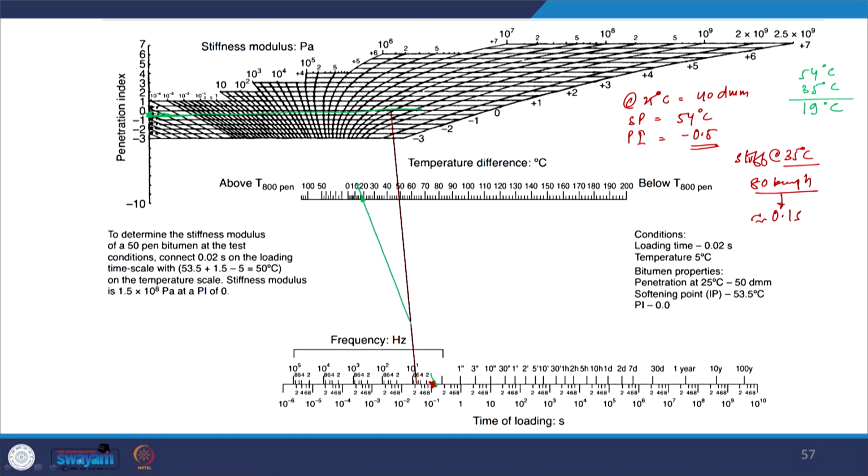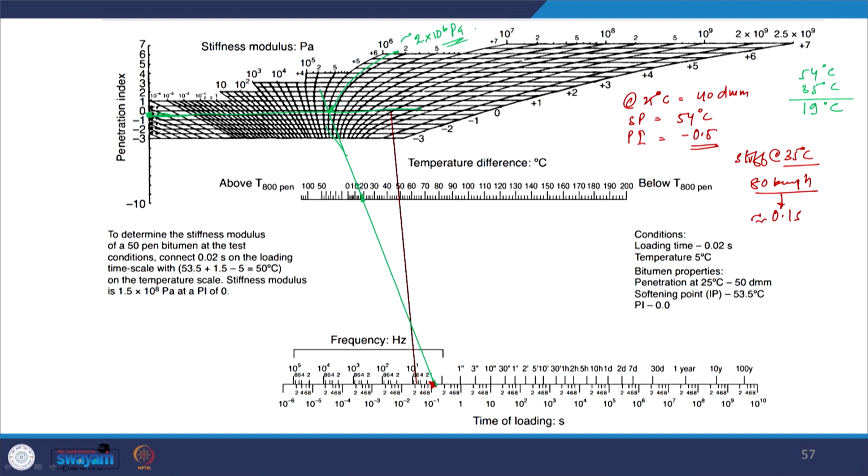So, it meets somewhere here, and if you see, this is approximately 1 point something, let us say this is 2 into 10 to the power 6 pascals.